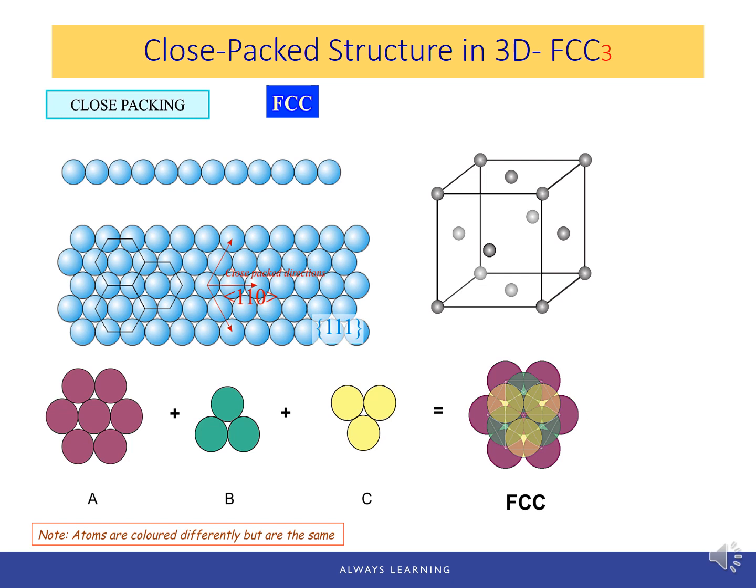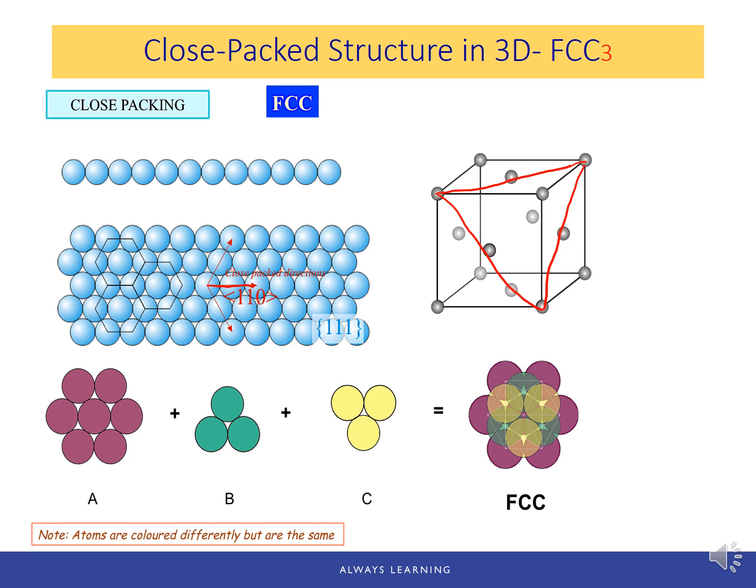So within the FCC structure, the close packed direction is the 110 direction, which is the face diagonal. So this is the 110, another face diagonal 110, and 110, on the front face. My drawing is not quite straight, but I'm drawing the 3 face diagonals.